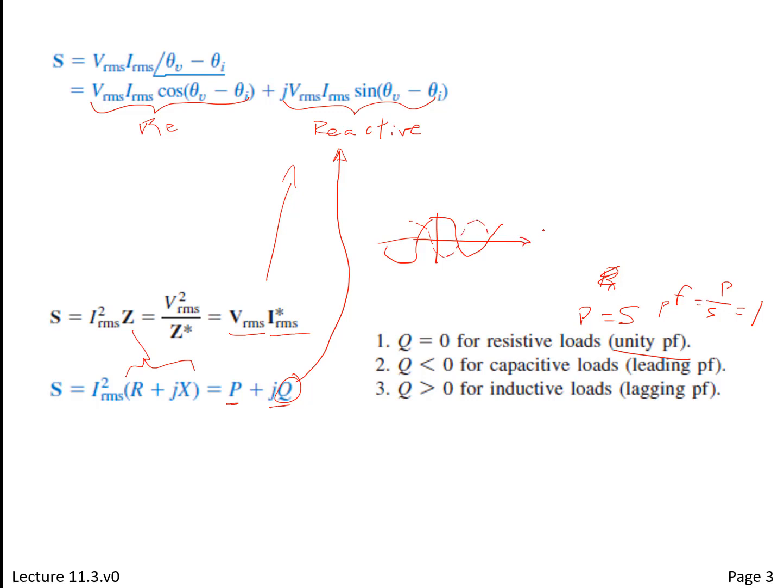And if this is a time axis, this guy, the dotted line, happened first. This happens first, and this happens next. Okay? So if Q is negative, that means time got pushed earlier, so something was leading.